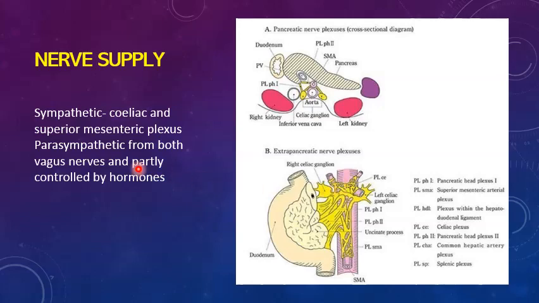And the parasympathetics are derived from both right and left vagus nerves, and the parasympathetic activity is partly controlled by nerves and partly by hormones. What are those hormones? The hormones are secretin and pancreozymin. Both hormones are produced from the duodenal mucosa in response to entry of acidified gastric contents.